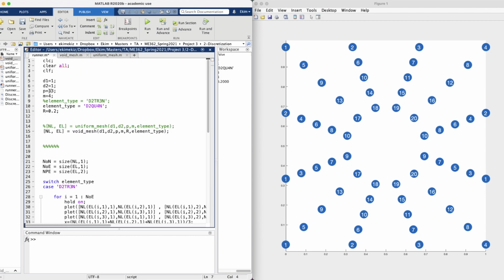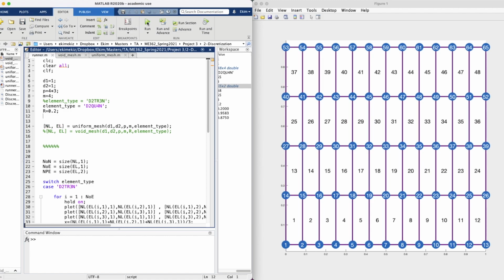So 4 times p, and let's call the uniform mesh function and run that instead. Okay, so what happens is this edge has been rotated such that it is now touching this edge.